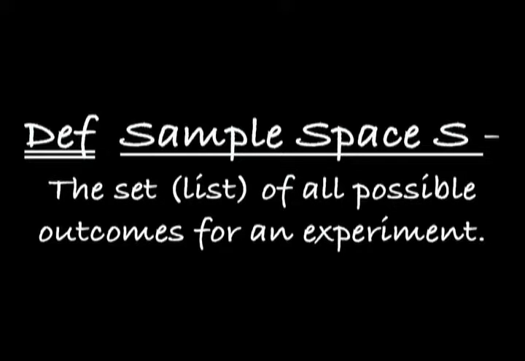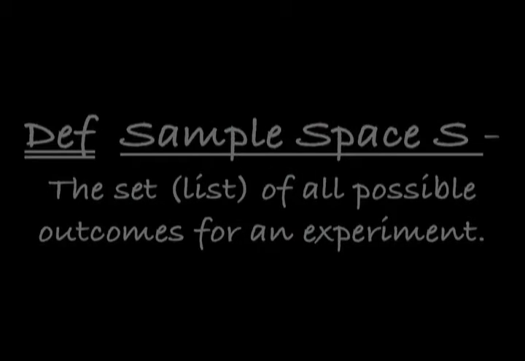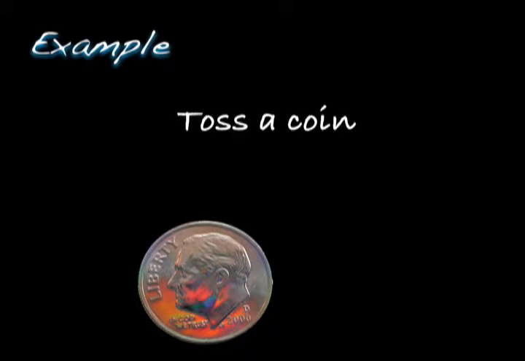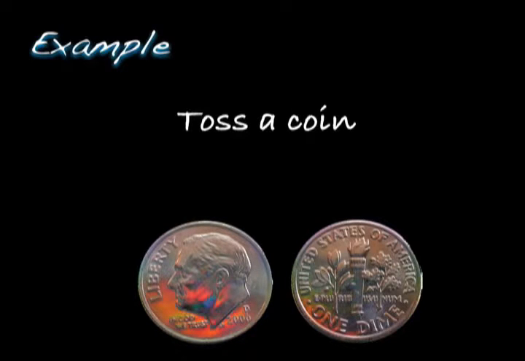The definition of the sample space: that is the list of all possible outcomes for an experiment. We denote this list or set with the capital letter S. For example, if you toss a coin, the list of all possible outcomes that exist when you toss a coin is that you can toss a heads or a tails.